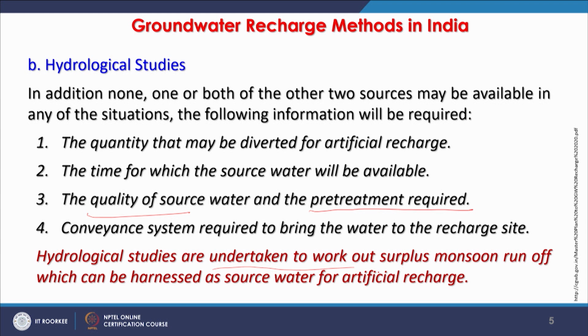This surplus monsoon runoff water is really used in many areas, and especially I am talking about hard rock terrain, where water scarcity is another problem. So, by having so much surplus monsoon runoff water, if we can by some means use this water for recharge, that would be very nice.